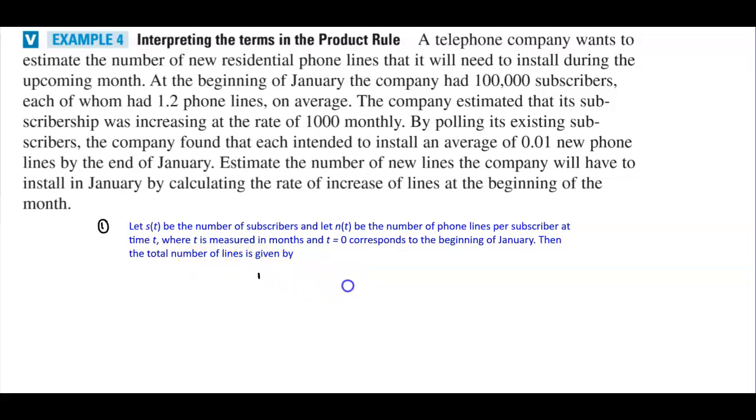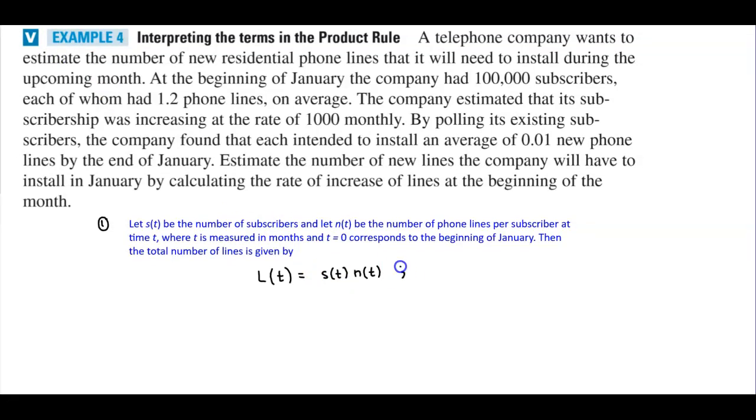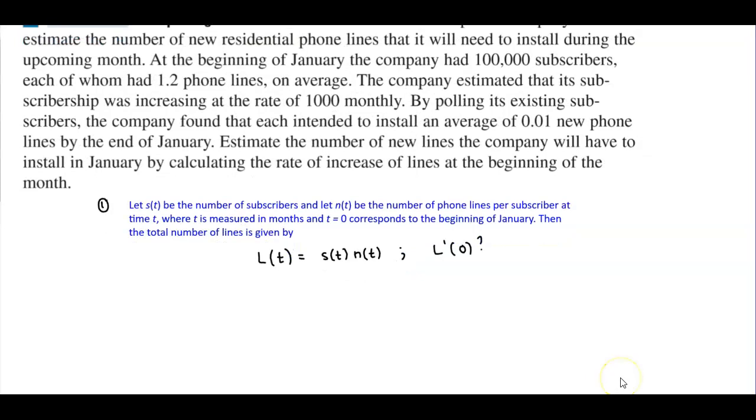We can say that L of t is going to equal the function S of t times N of t. So what we want to find is the derivative when t is equal to 0. Now let's talk about the product rule.